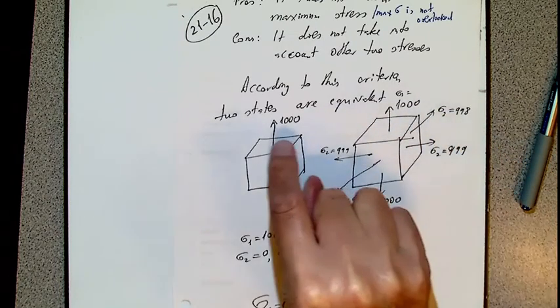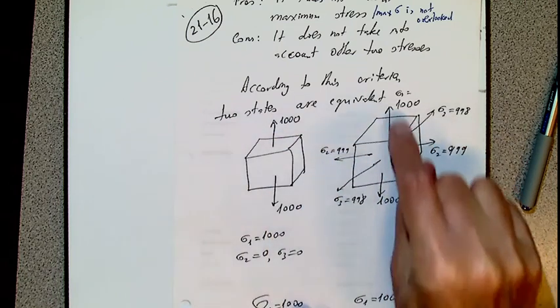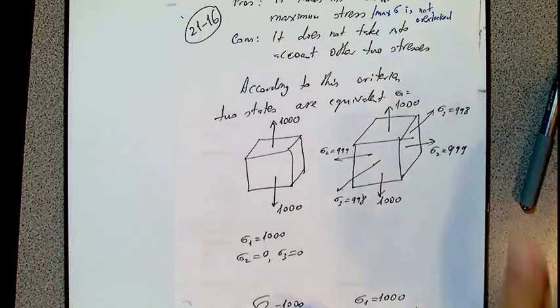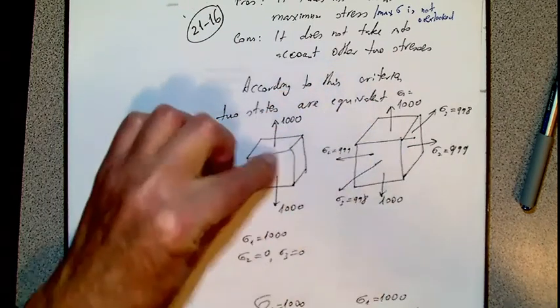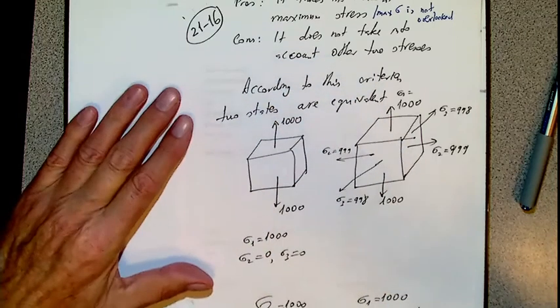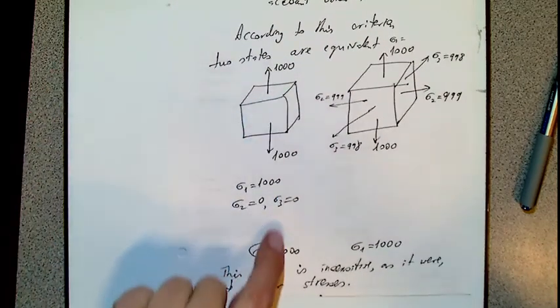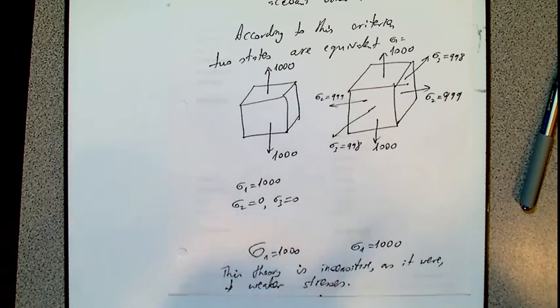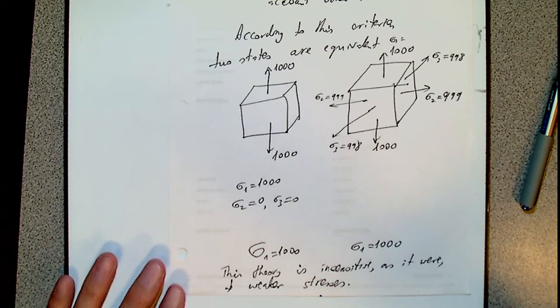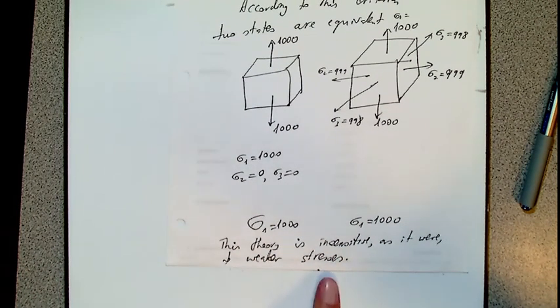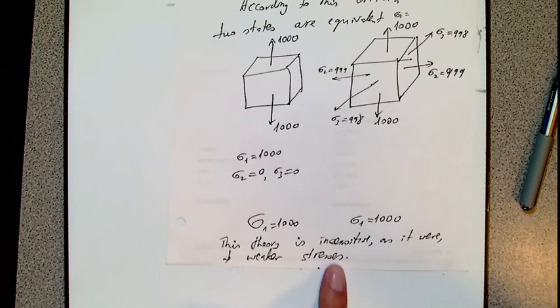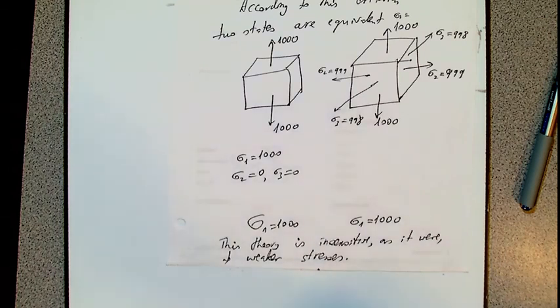He cares only that 1,000 is the maximum. So from his point of view, this condition and this condition are equivalent to each other, because sigma 1 here is 1,000 and sigma 1 here is also 1,000. So this theory is insensitive to weaker stresses. Any questions?